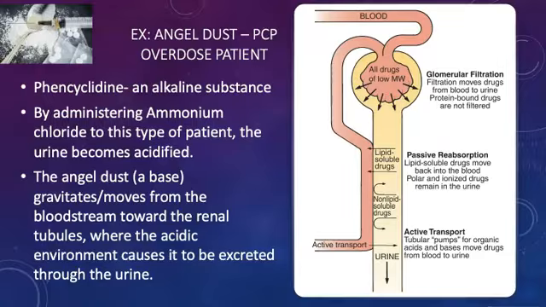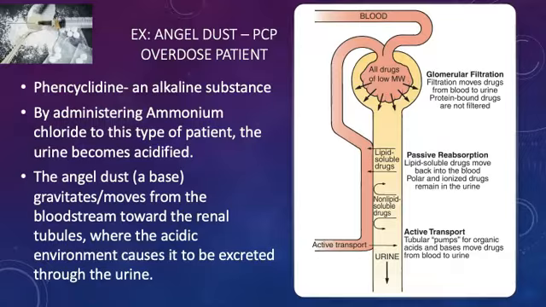We know that blood will bring the toxic substances, or any substances really, to the glomerulus. Some of those products will then move across the glomeruli into the tubules at that point.